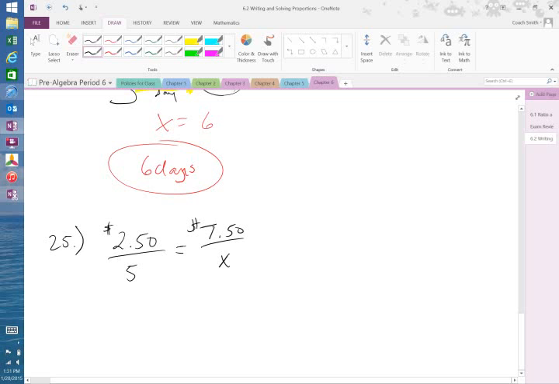Like I said, it does not matter. You still solve it the same way, as long as you're not solving it algebraically. Algebraically you can do it, but it's a little bit more complicated. But this is easy. What did I do to 250 to make it 750? Times 3. So we multiplied by 3. So we do the same thing at the bottom. 5 times 3 is your 15. That's where you get your 15 erasers.